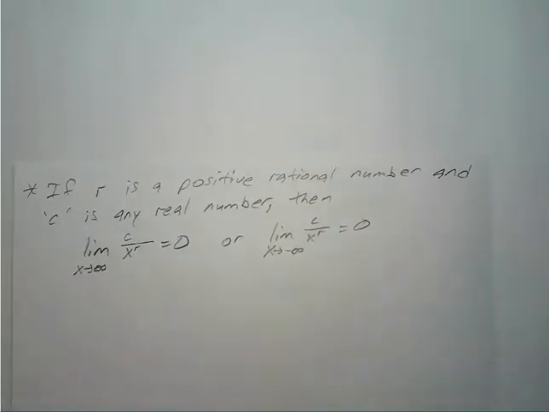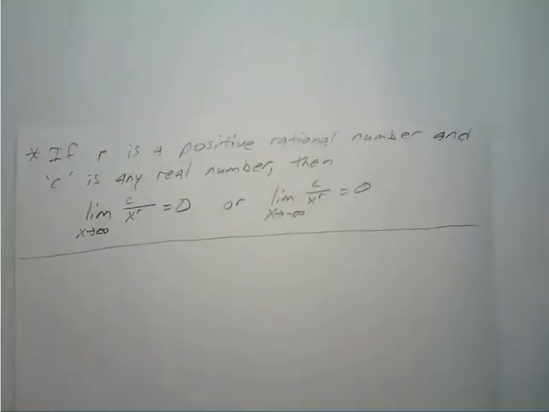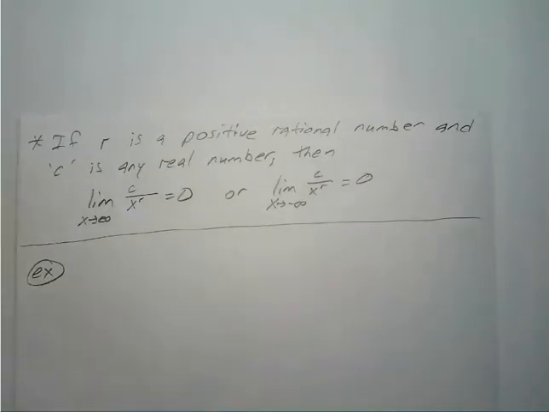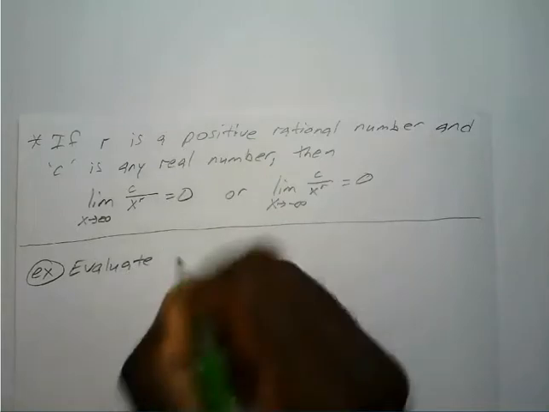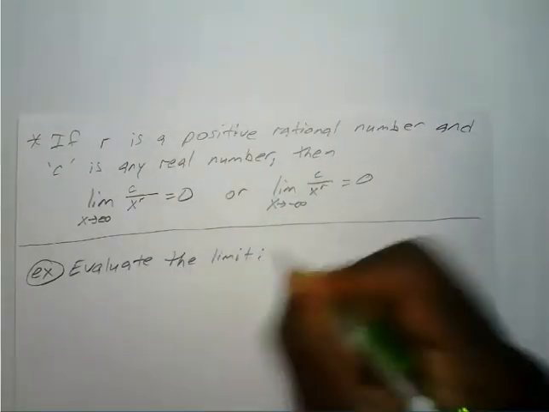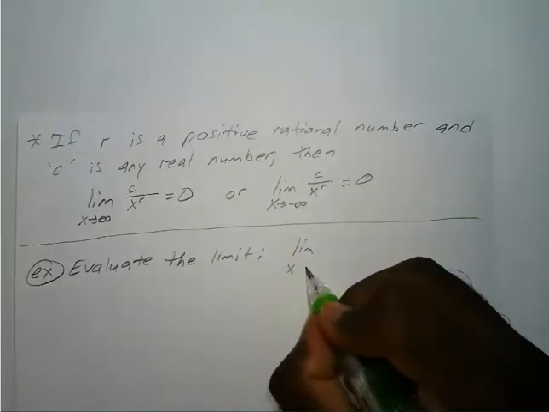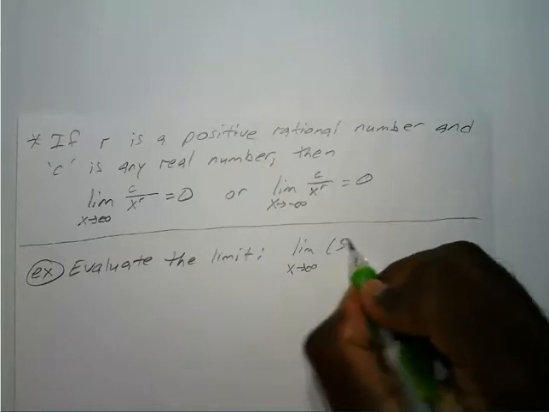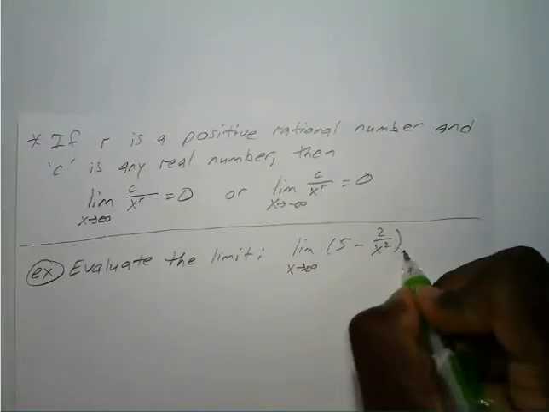Alright, so I'll explain why that's the case in our example. Let's say, for example, we want to evaluate the limit as x approaches infinity of 5 minus 2 over x squared.